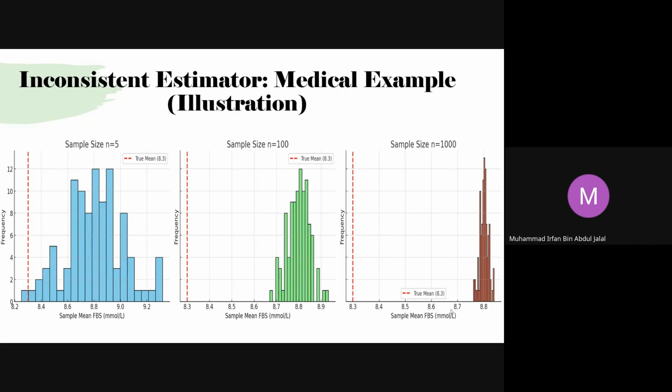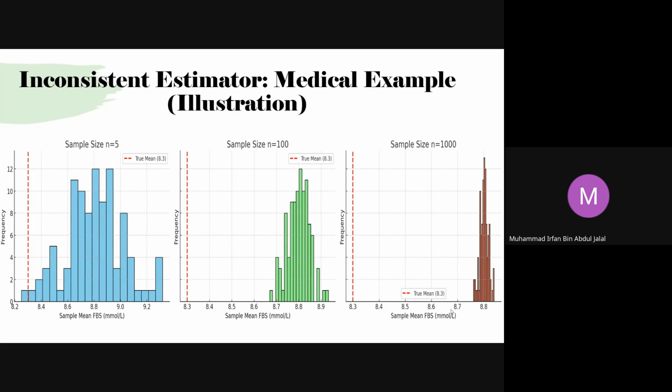However, an estimator can also be biased but still consistent, because bias measures how far the average of the estimator is from the true parameter. Okay, that's the thing you have to understand.